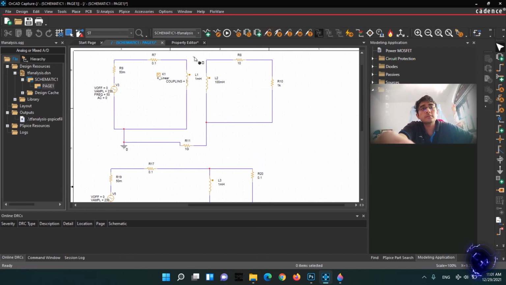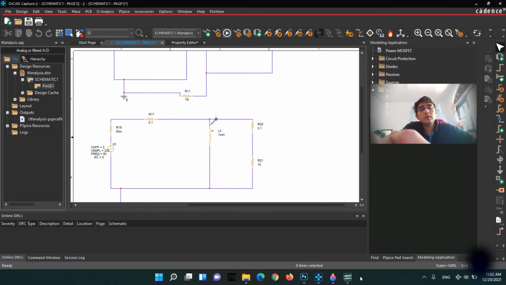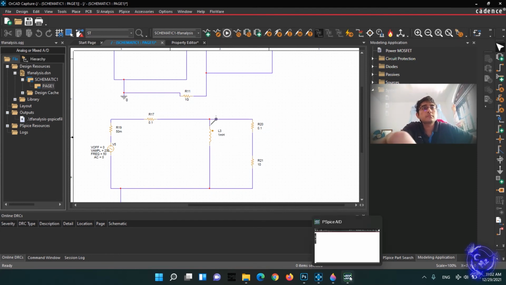So how to check it? This is the primary circuit, right? So let's check the voltage of this point and this point. Check whether those two are identical or not.